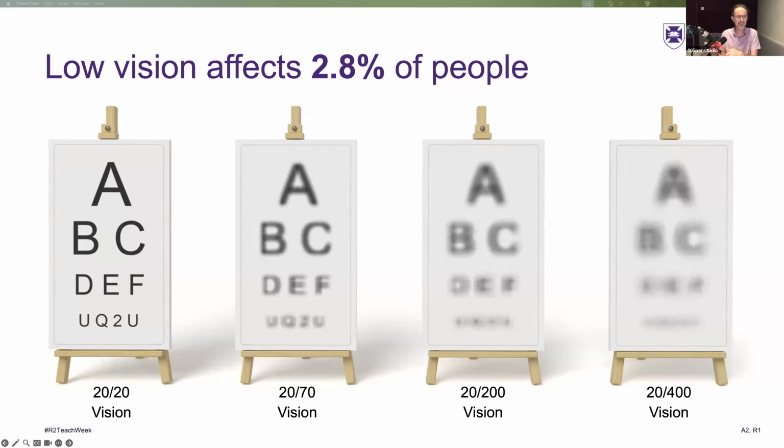I'll say that again because it was a bit confusing. If you have 20/70 vision, you must stand 20 feet away to see letters that someone with 20/20 vision can see from 70 feet away. It's kind of an absurd way to measure it. It's quite confusing, but anyway, that's what the 20/20 and 20/70 numbers mean when we're talking about vision.